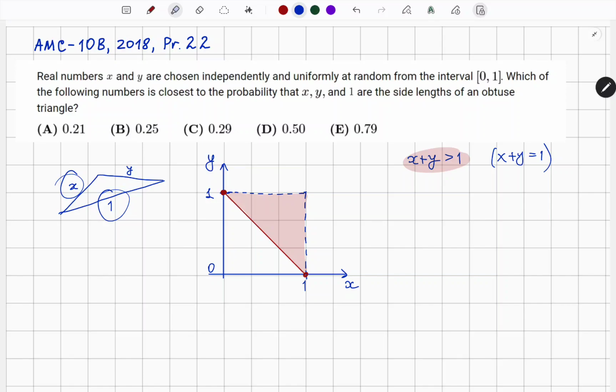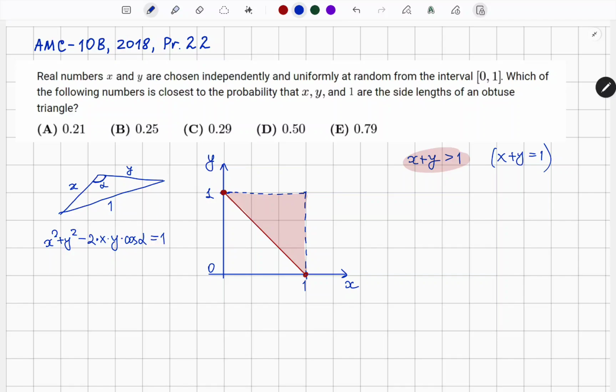But it's not the only condition that x and y must satisfy in order to be sides of an obtuse-angled triangle. I understand the angle between x and y as the obtuse angle. Let's say it's alpha. Then I can write the cosine rule: x squared plus y squared minus 2 times x times y times cosine of angle alpha must be equal to 1 squared, that is 1.